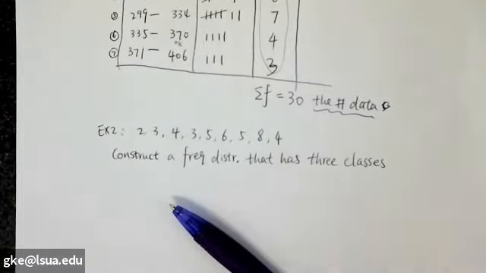So they include lower class limit or upper class limit. Follow the steps. I think you can make it.